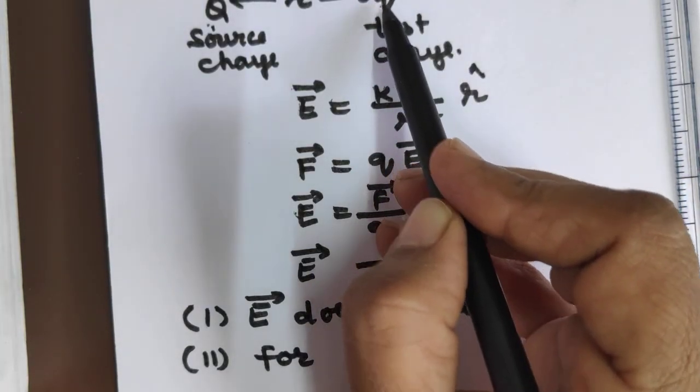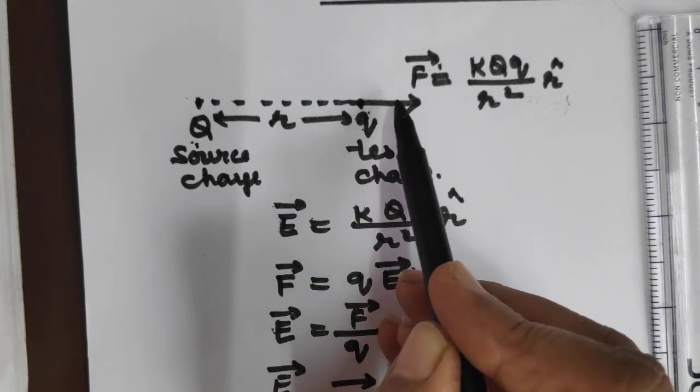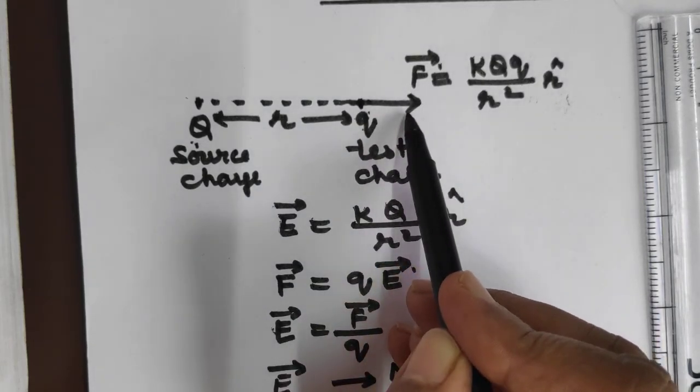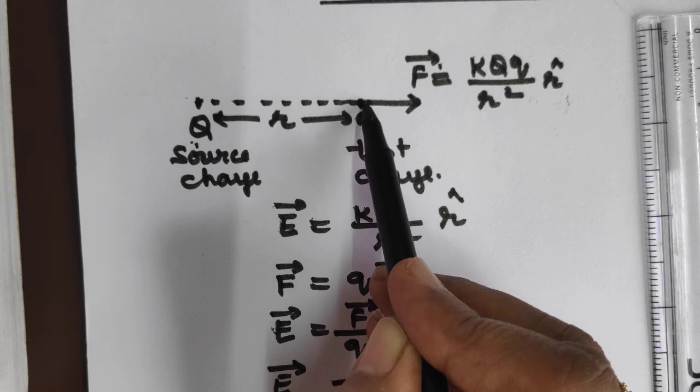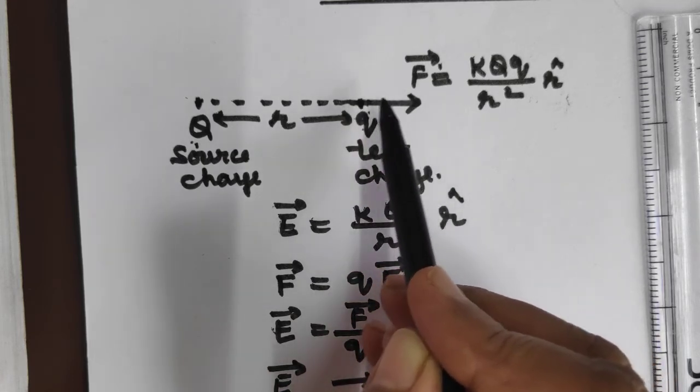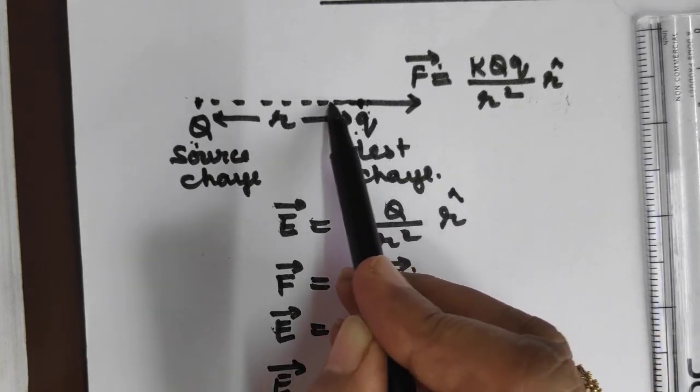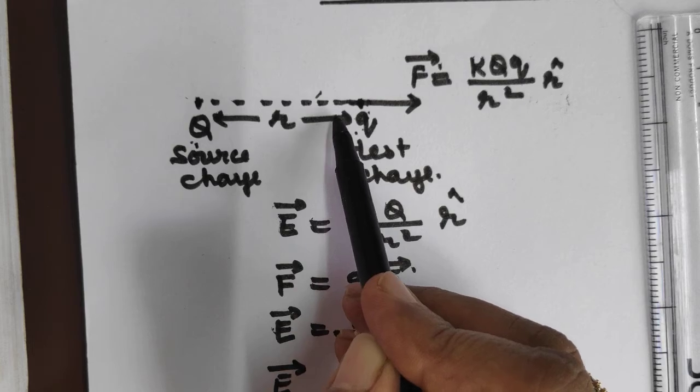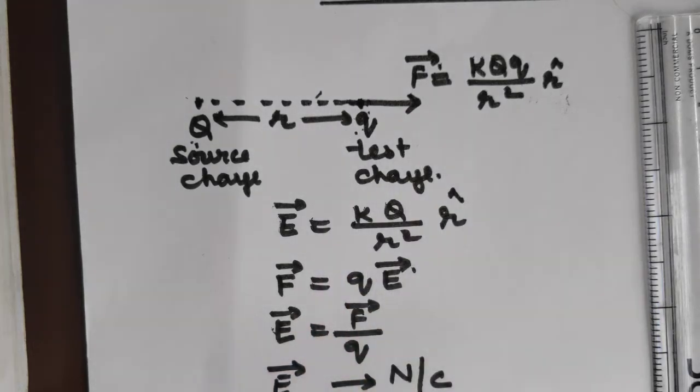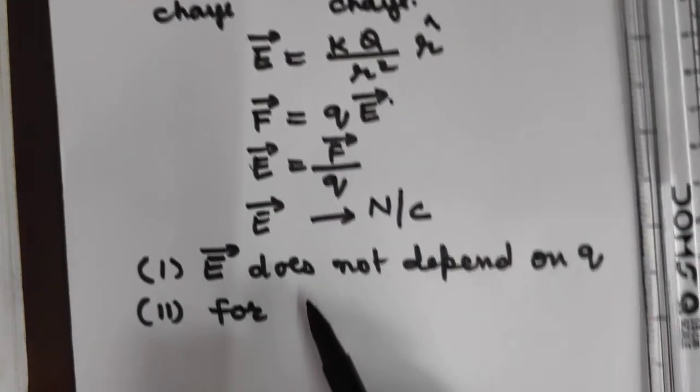Second, for a positive charge, the field is radially outward. If it is a positive charge, the force will be outward, so the direction of the field is outward. And for a negative charge, the direction of force will be inward, so for a negative charge, the field will be radially inward.